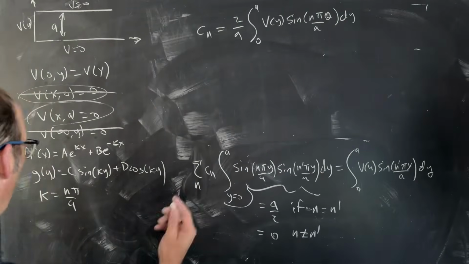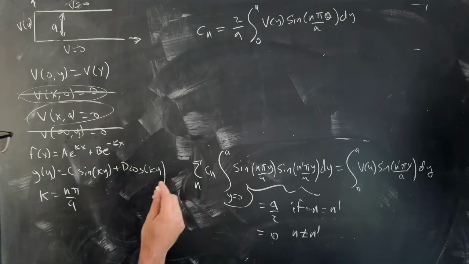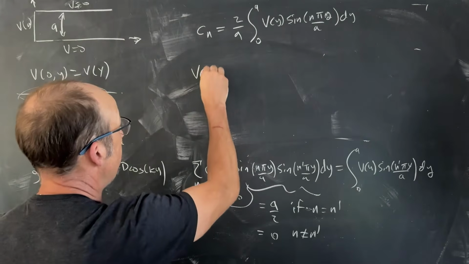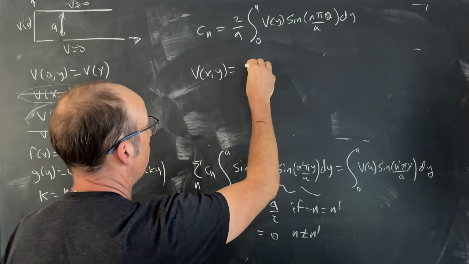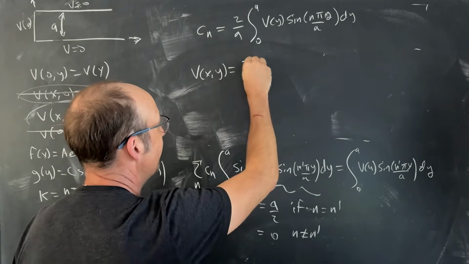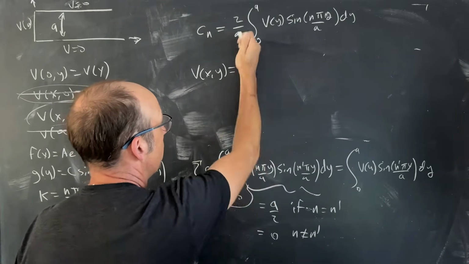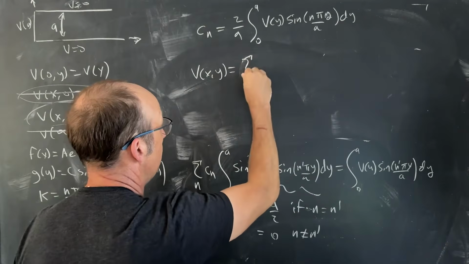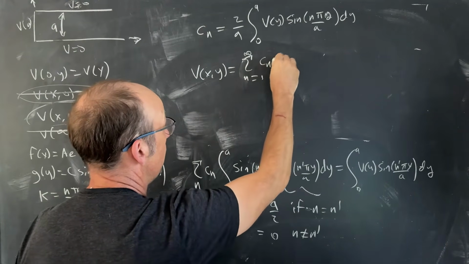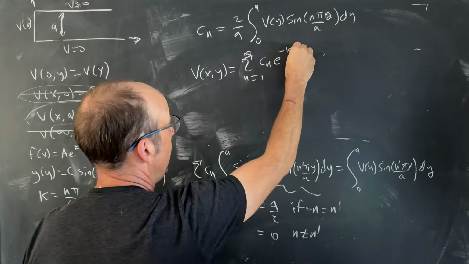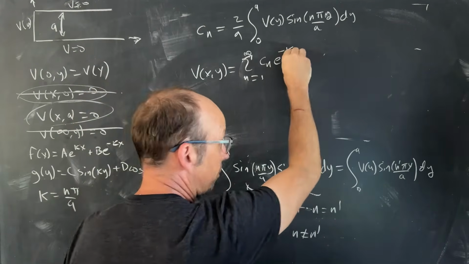So our total final solution, which I erased, I'm going to put it back up here: v of x, y is equal to the sum, n equals 1 to infinity, Cn e to the negative kx, and that depends on n.